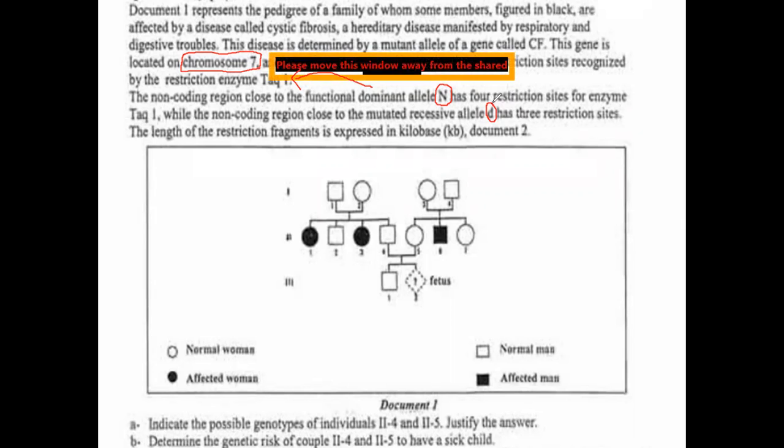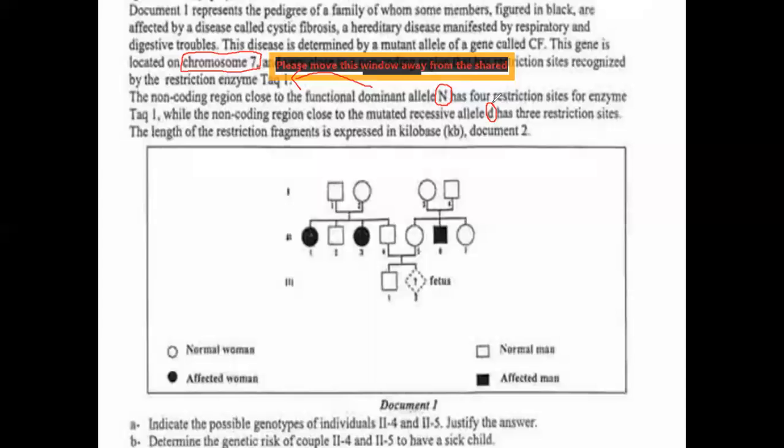So before I start with the exercise, first of all, I determined that it's located on chromosome number 7, so it's autosomal. Then they said that the functional allele is the dominant allele, so the normal one has the symbol capital N. And the allele of the disease is recessive, of symbol small d.